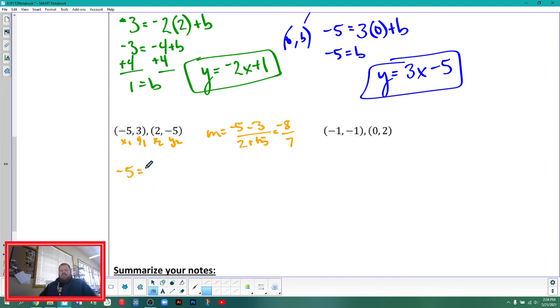There's no real reason, no rhyme or reason why. But I have negative 5 is equal to negative 8 over 7 times 2 plus b. Negative 8 times 2 is negative 16 over 7. And I'm going to add 16/7.